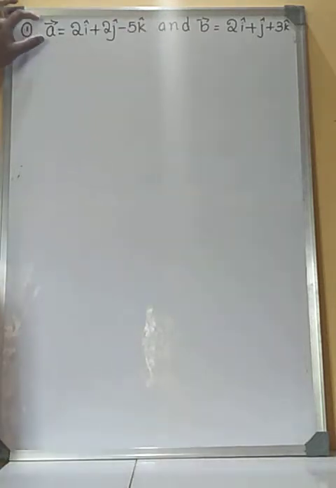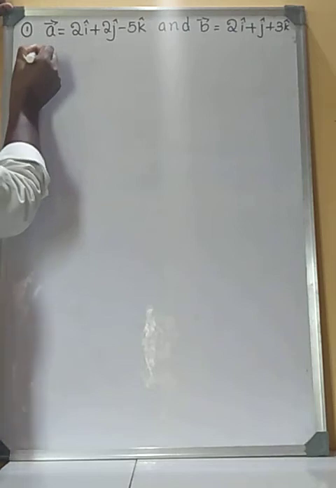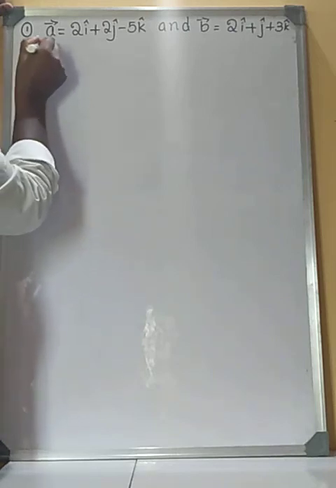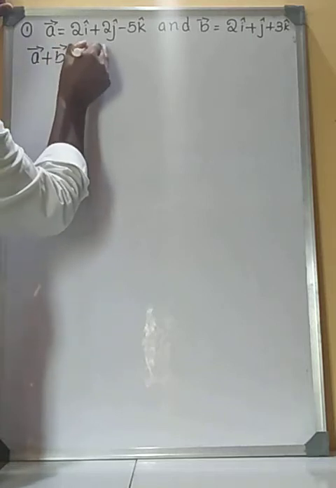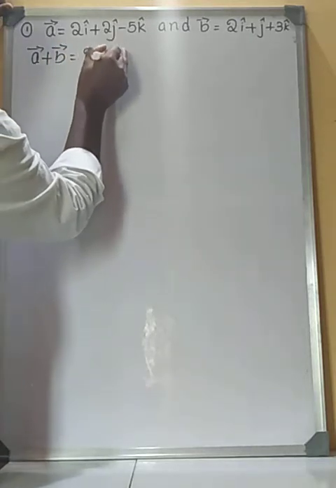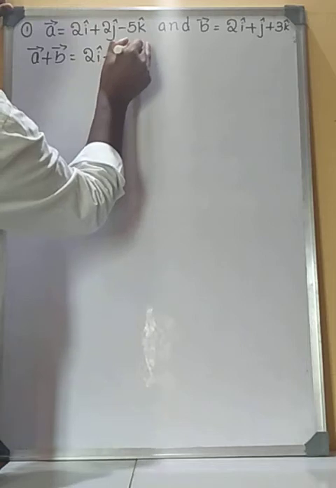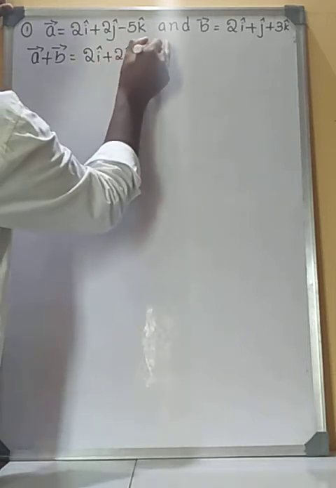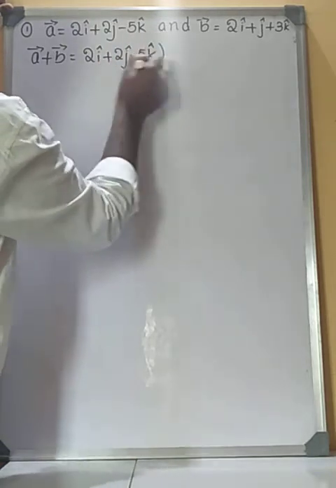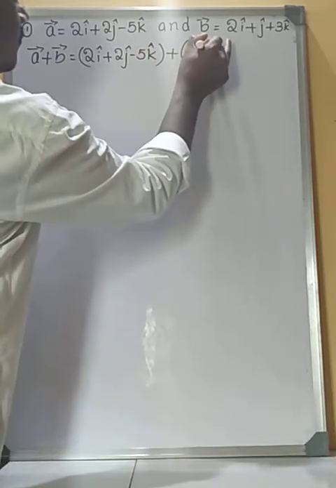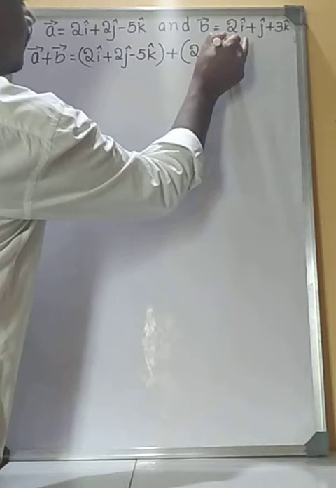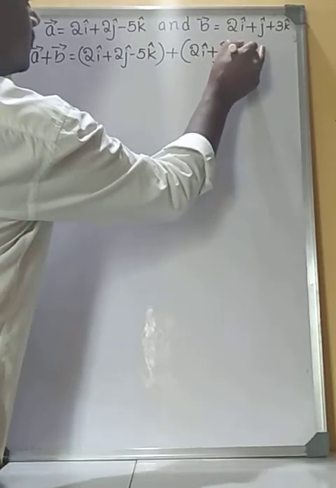So first find A vector plus B vector, that is the sum of the vectors. Vector A plus vector B is equal to 2i plus 2j minus 5k plus 2i plus j plus 3k.